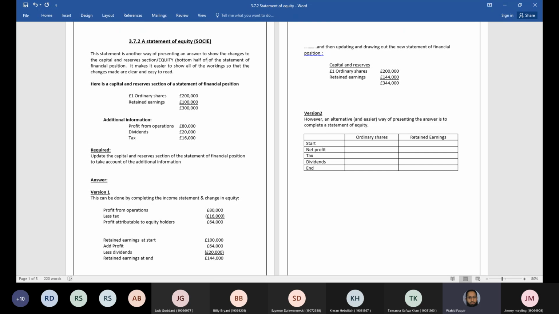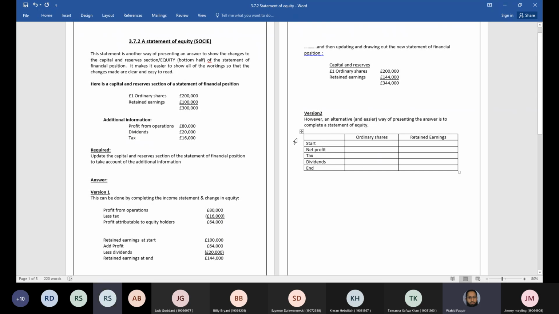Bottom half of statements of financial position. It makes it easier to show all of the workings so that changes made are clear and easy to understand. I've already demonstrated that. Okay, I showed you the opening balances, the closing balances, and the stuff that happened during the year in a big SOCI table.